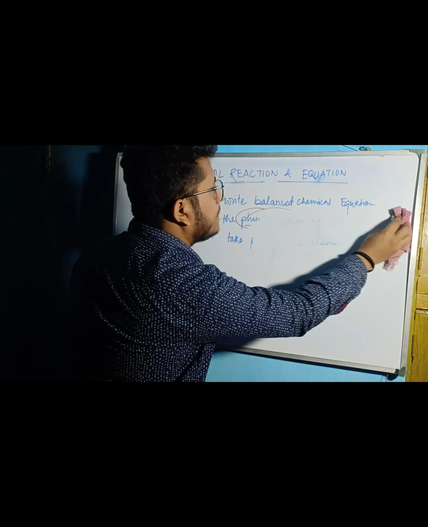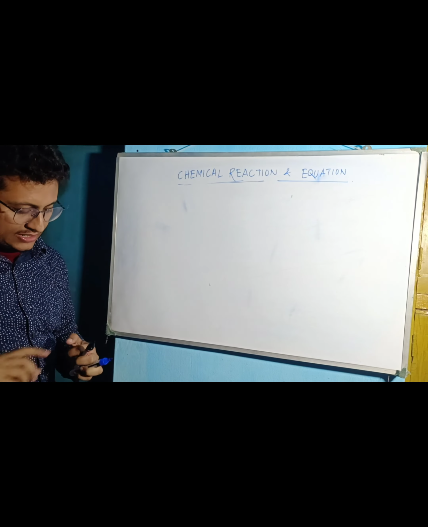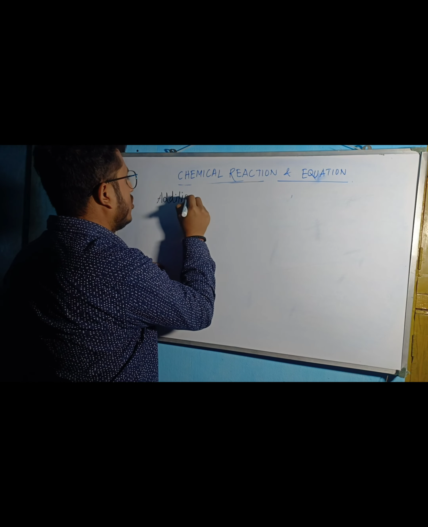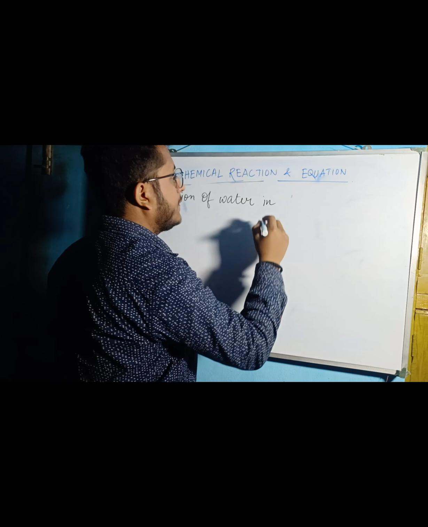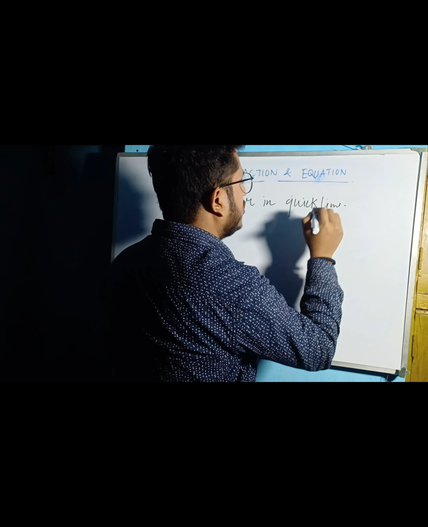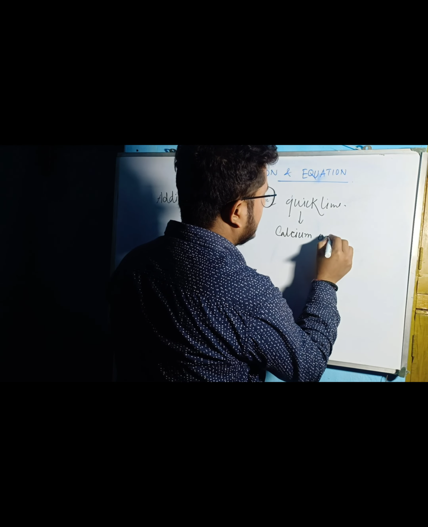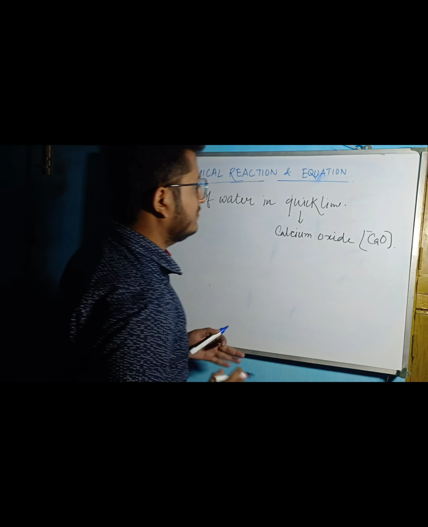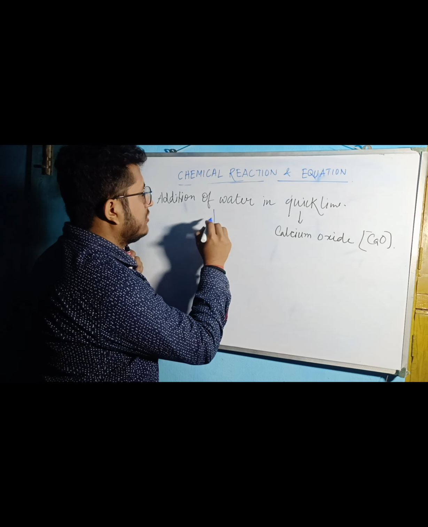How? Let's take an example. Addition of water to quicklime. Quicklime is calcium oxide, chemical formula CaO. So what is the chemical equation?